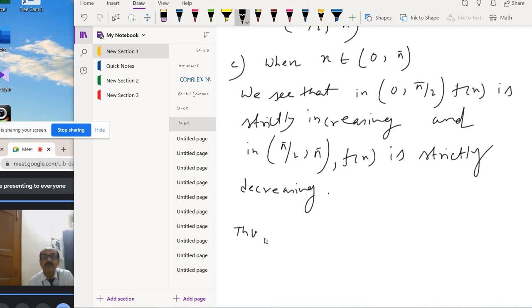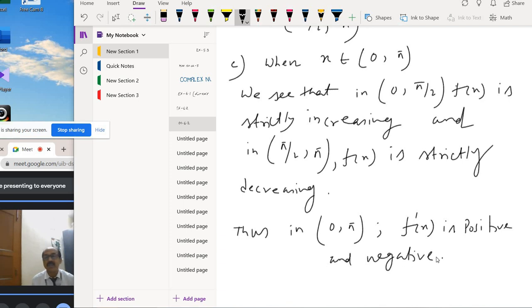in the interval 0 comma pi, f dash x is positive and negative, both values are present within this interval 0 to pi.